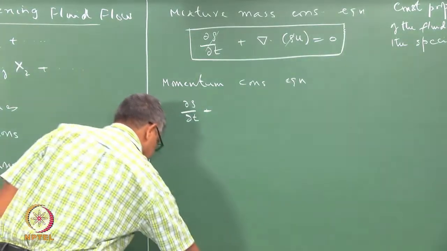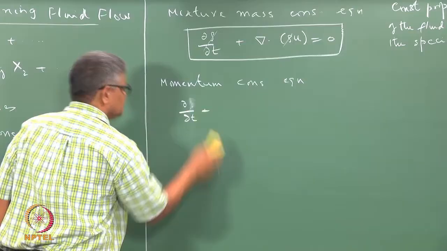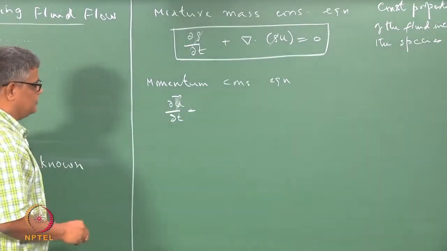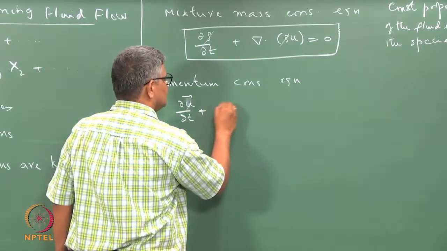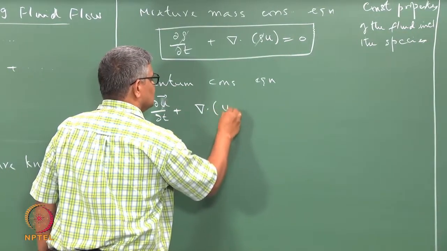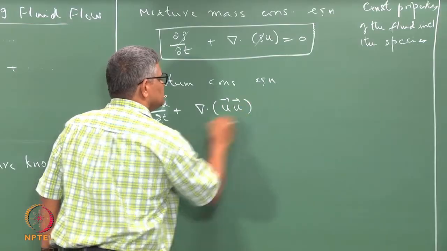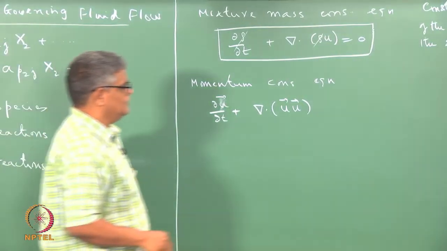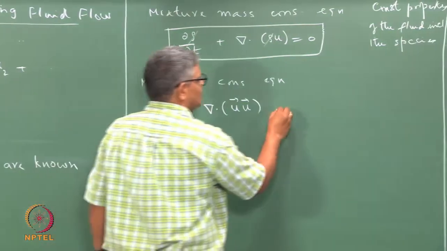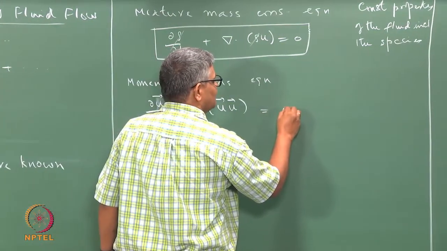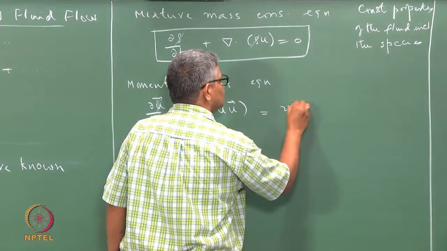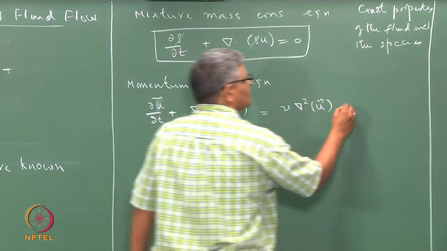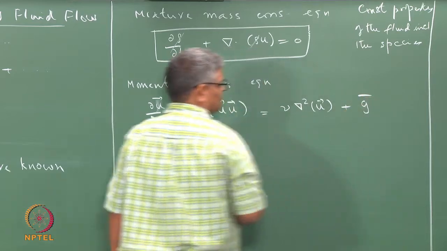And here we have dou u by dou t plus del dot uu. This is the dyadic velocity vector tensor, is given by nu del square u plus g.